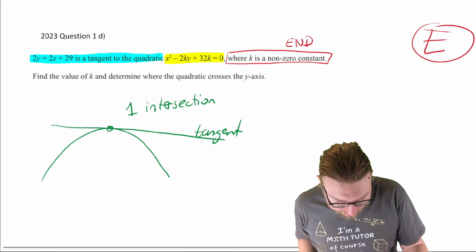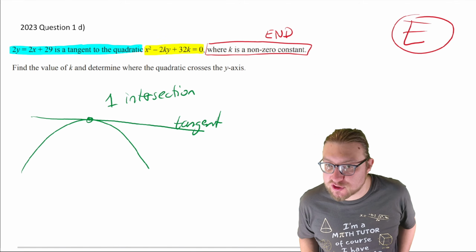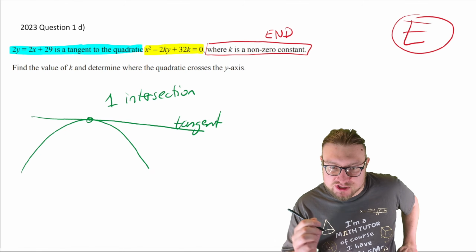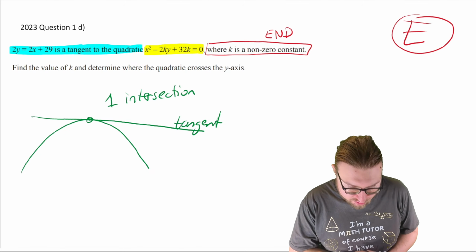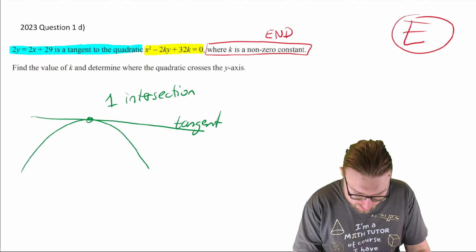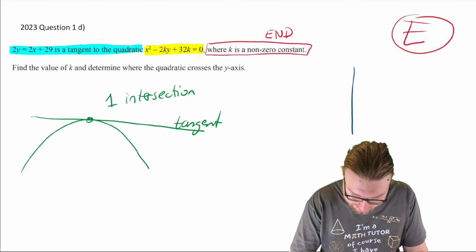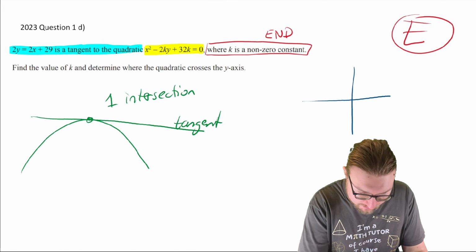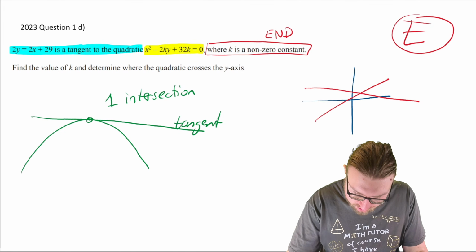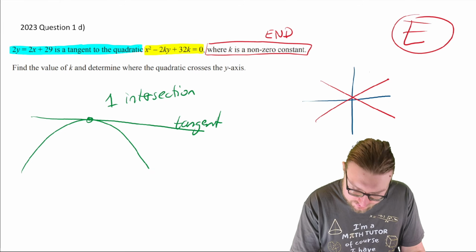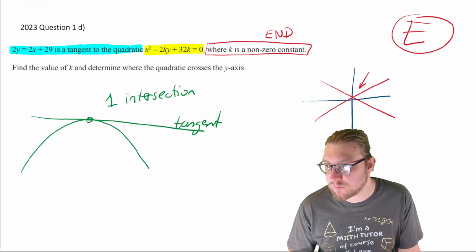When we have intersections between two graphs or two functions, how do we find them? In year 10 or year 11, we start with simultaneous equations. So we have two straight lines, and they have exactly one intersection point here.